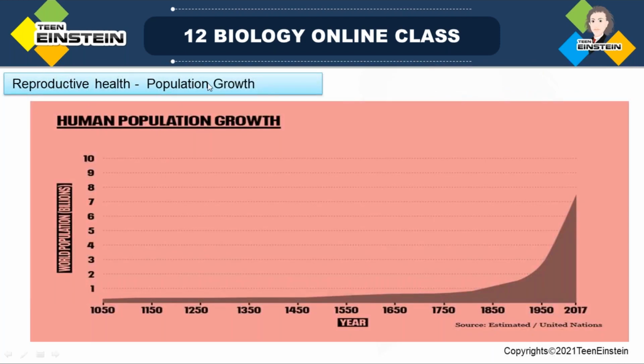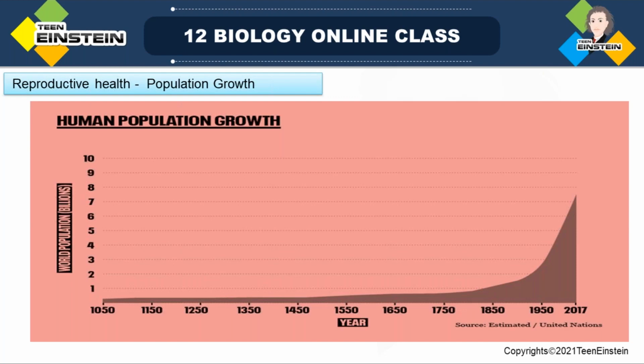Next is population growth. What is population growth? An increase in the population in a relatively short period, a sudden increase in the population, is called population explosion. That growth is called population growth.